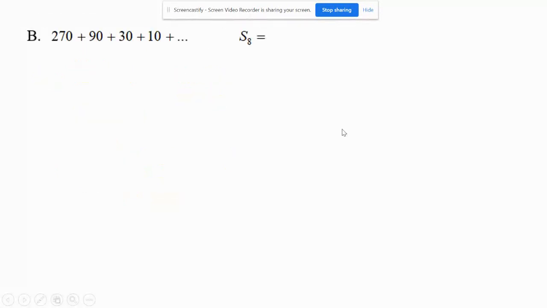Okay, next one. Same idea over here. We're going to look at our 270 is our T1, our common ratio. If I just go 90 divided by 270, guys, this simplifies to 1/3. Okay, and we know that n equals 8.